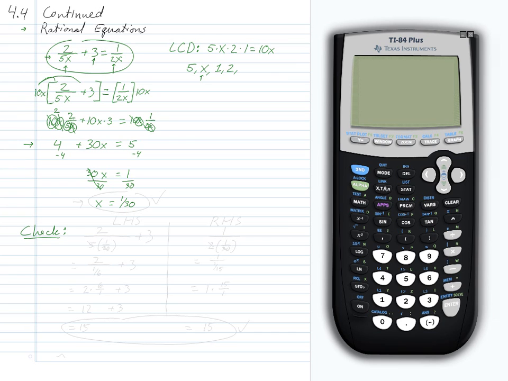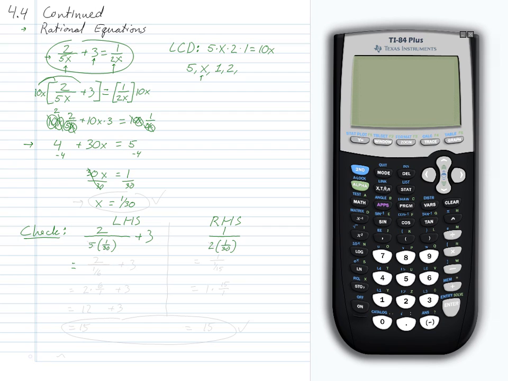And again, we're plugging that back into the original equation, so 2 over, and we want to leave ourselves lots of room, 5 times 1 over 30, plus 3. So that's my left-hand side. And my right-hand side, which I won't say is equal yet, is 1 over 2 times 1/30.